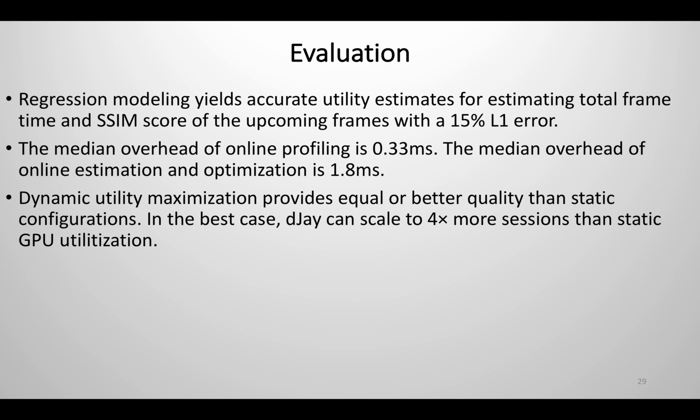It basically gives better quality, and in the best case, DJ can scale up to 4 times more sessions than the static GPU utilization. So that shows that it's able to handle the multi-tenancy problem.